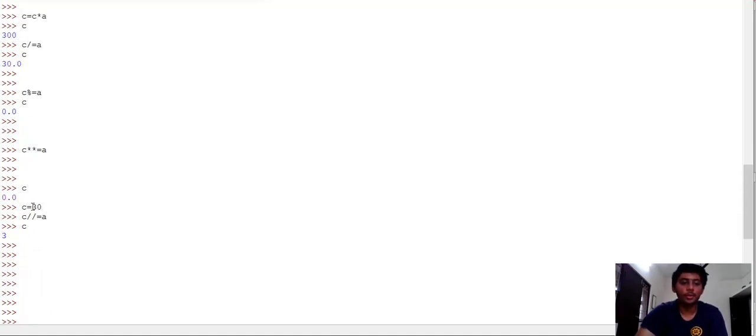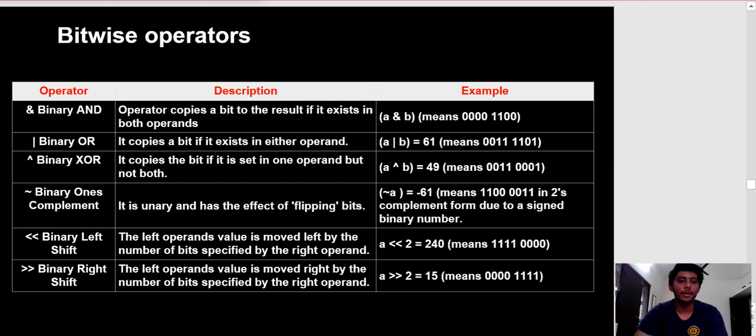C equal to 30, we are assuming a new value to the C, that is C equal to 30. C double divided by equal to A, that is C equal to C by A, that is 30 divided by 10. It will print the quotient, so the answer will be 3.